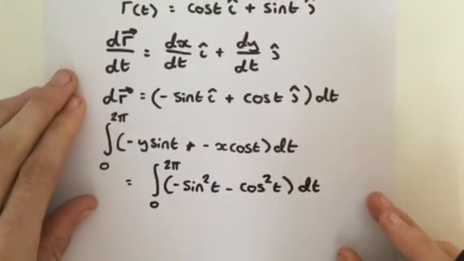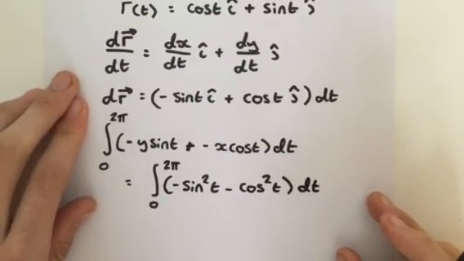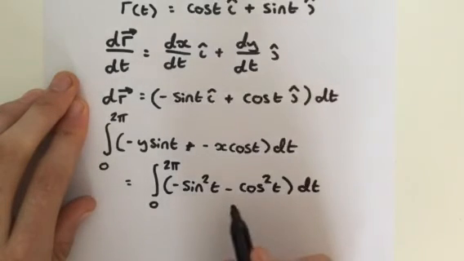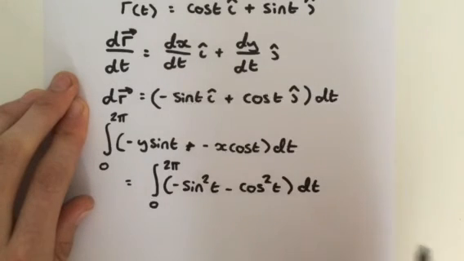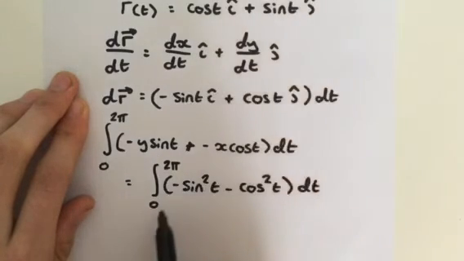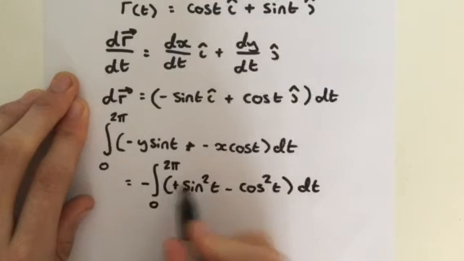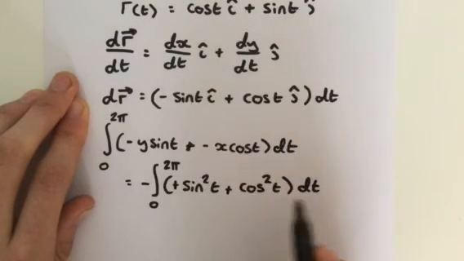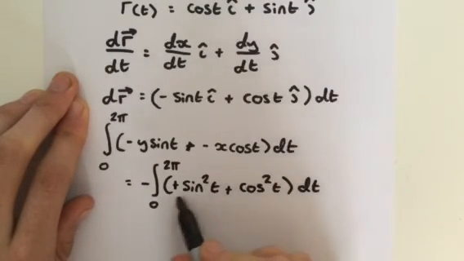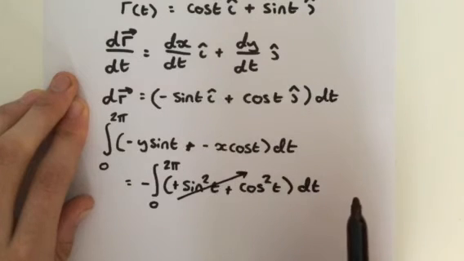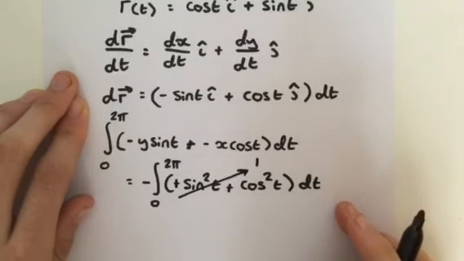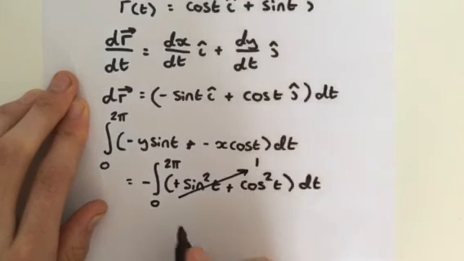Hopefully we know this very simple trigonometric identity: sine squared t plus cosine squared t equals 1. So we can take out a factor of minus 1, and therefore this integrand becomes 1.